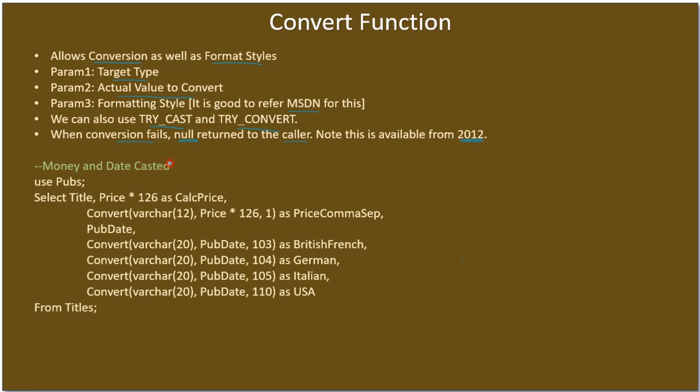Here is an example for the convert function. We use the pubs database and pick title and price. We multiply the price by 126 and call it calculated price. Here we perform the convert with varchar of 12 as the target type.